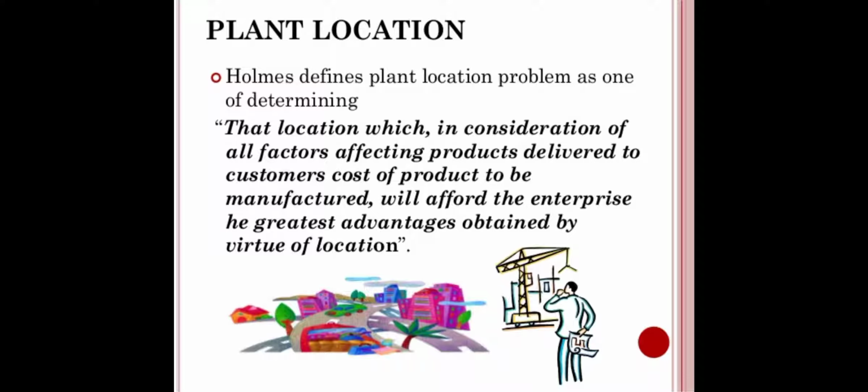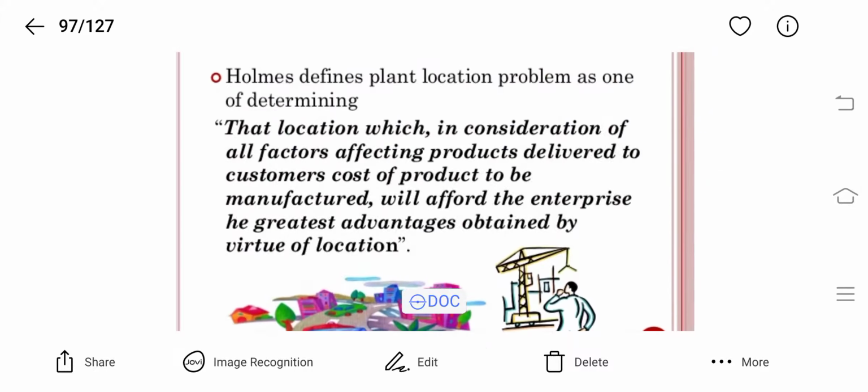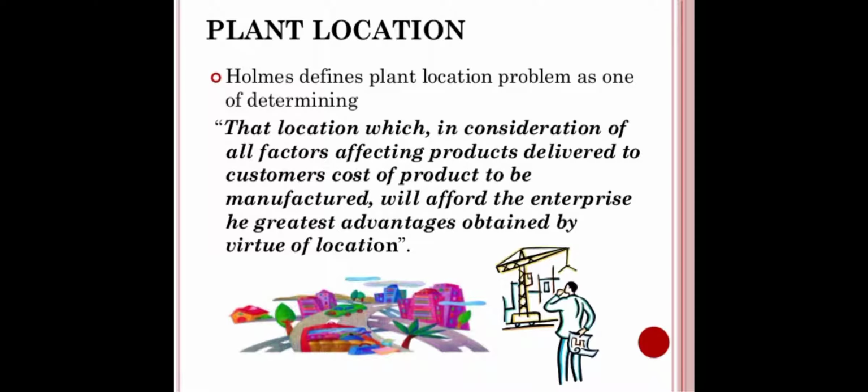So you can see how important the location is. It affects the cost of the product. The selection of location affects the cost of the product. So it is a very important factor for food plant design.